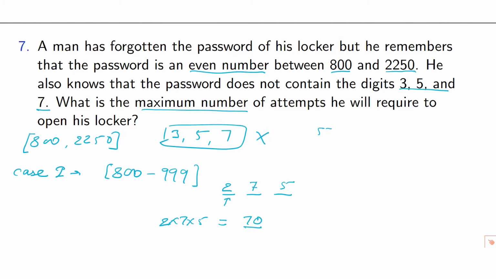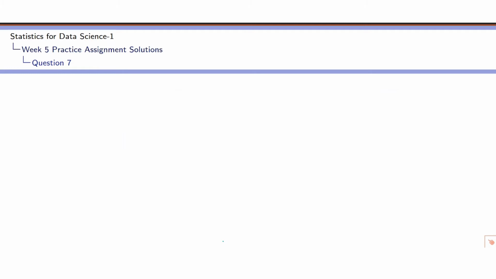Second case, let's count the numbers between 1000 to 1999. So it is a 4-digit number. For the very first place, we have only one choice, that is 1 only.